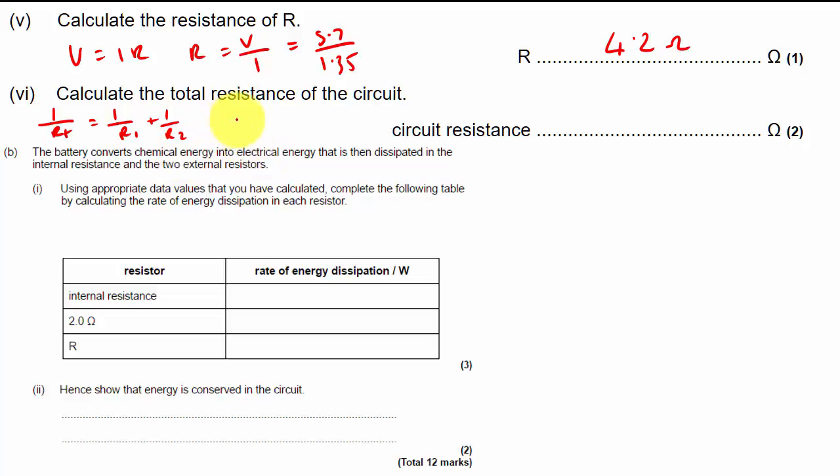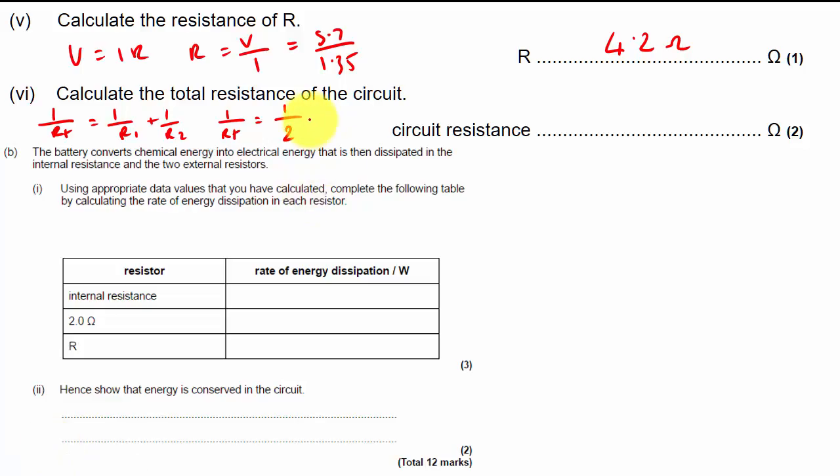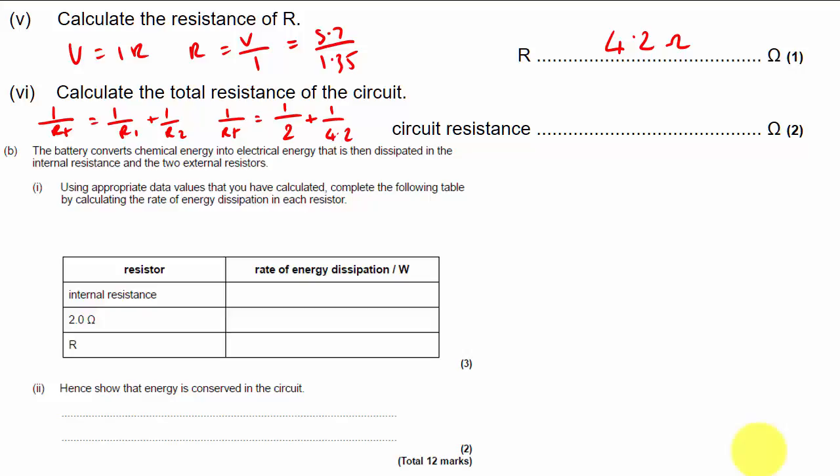So I have 1 over R total equals 1 divided by 2, which is the first resistance here, plus 1 divided by 4.2. Okay, so if I add the half to 1 over 4.2 and get the decimal answer, you'll get 1 over R total equals 0.758.